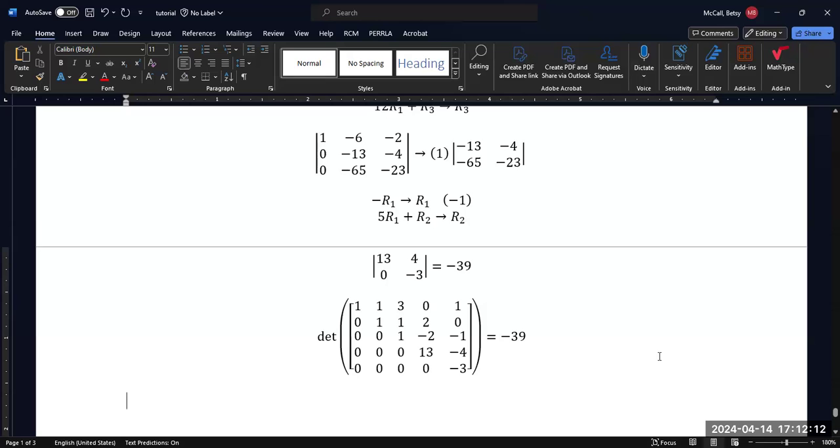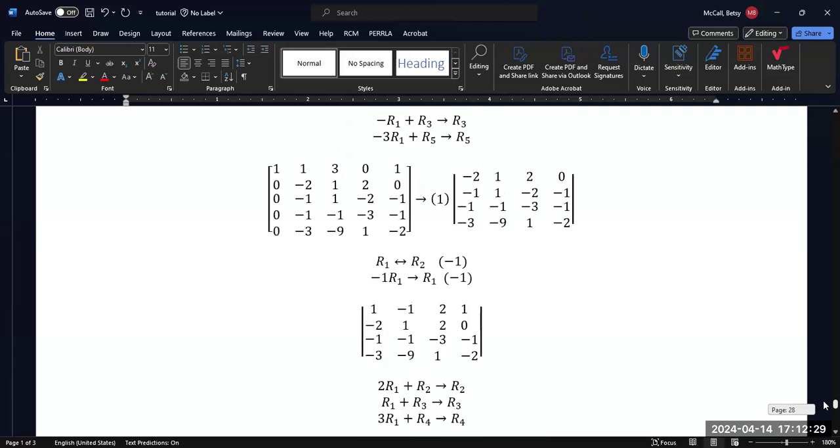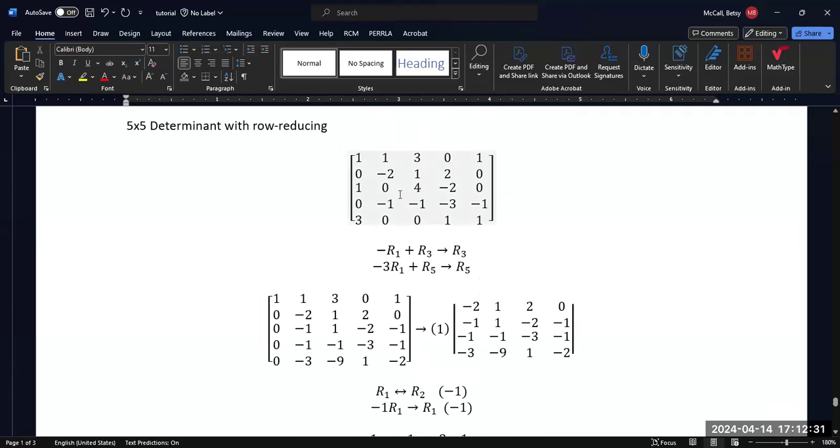So you can do these row operations in order to reduce the matrix. And in fact, this is actually much more efficient than doing the expansion form, because you do fewer operations in order to get the determinant. And again, think about what we would have had to have done originally.